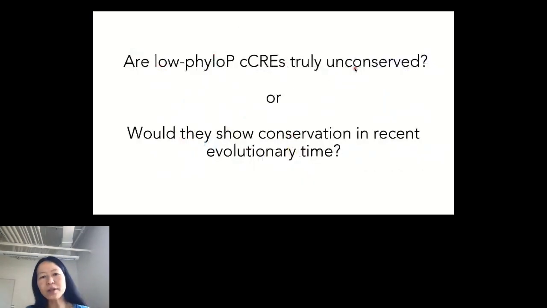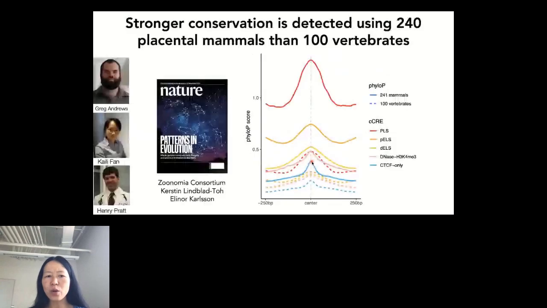So we were wondering, are these low PhyloP cCREs truly unconserved, or perhaps if we have more genomes, especially mammalian genomes, do they show any conservation in recent evolutionary time? We were very lucky to be invited to be part of this Zoonomia consortium, led by Kerstin Lindblad-Toh et al. and Elinor Karlsson.